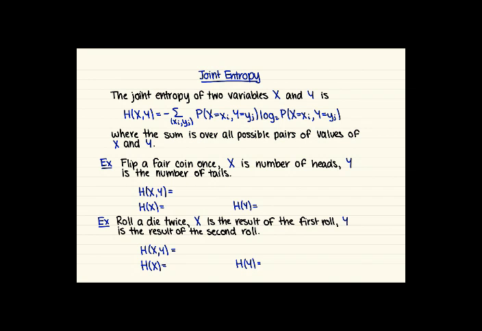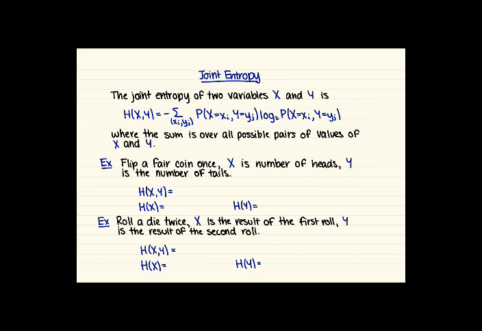We've got another type of entropy that we can talk about. If we've got 2 random variables, X and Y, we can talk about their joint entropy, so their entropy when we consider them together. We look at all possible pairs of values of X and Y, and for each pair, look at the probability that those values happen together, and then do the probability log base 2 of the probability, similar to how we were doing with just a single random variable.